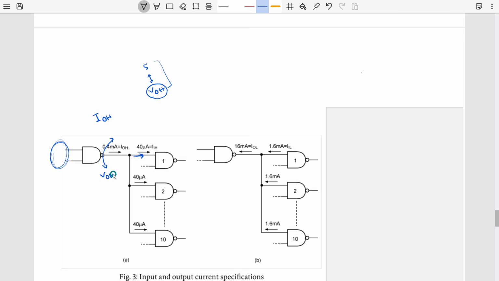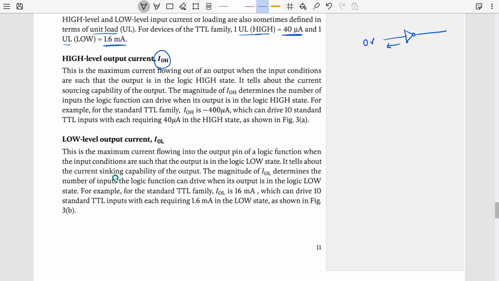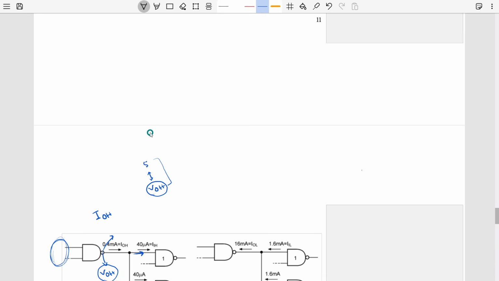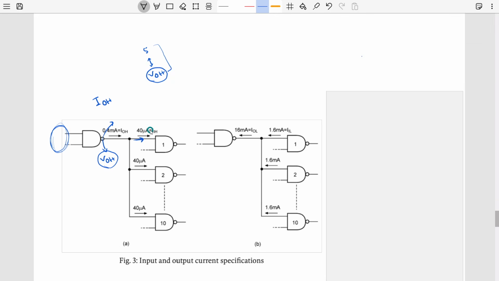If somehow more current than this maximum value is drawn, it will violate its property, and this VOH may go lower than that. Understand? The same goes for IOL, the same concept, just for the logic low, logic 0 condition. In that case, obviously the voltage should be VOL.